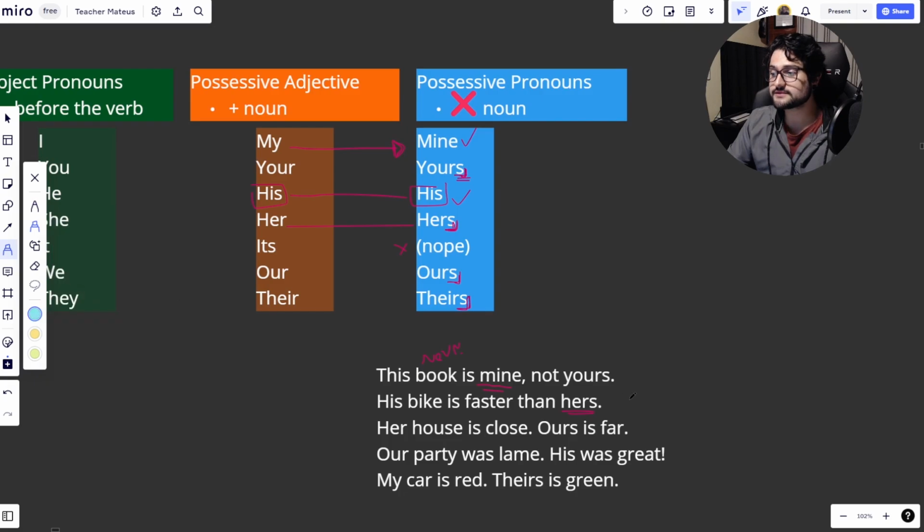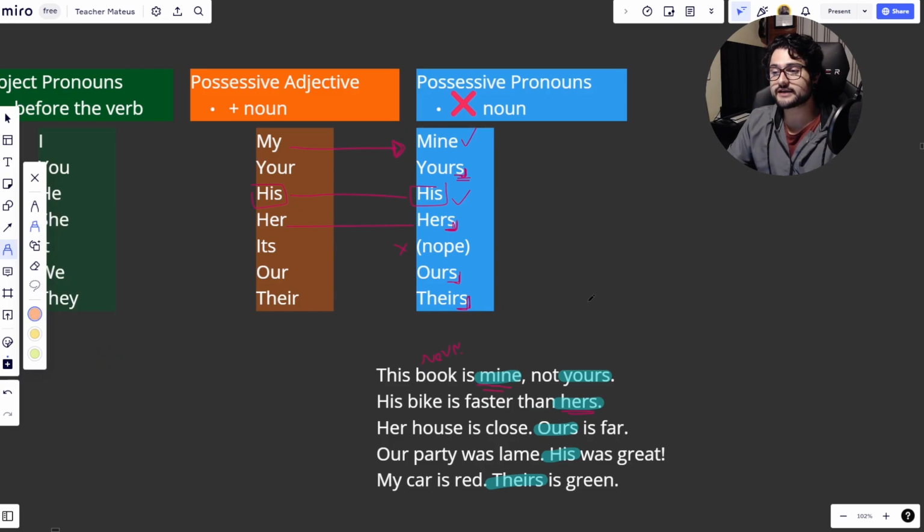I'm going to highlight with blue the possessive pronouns. So this book is mine, not yours. His bike is faster than hers. Her house is close. Ours is far. Our party was lame. His was great. My car is red. Theirs is green.